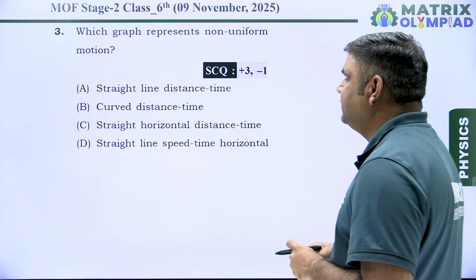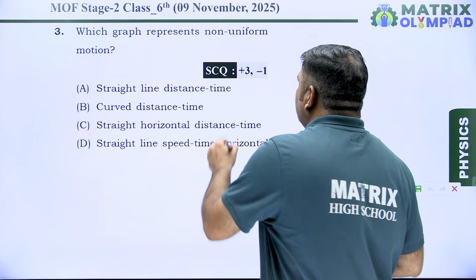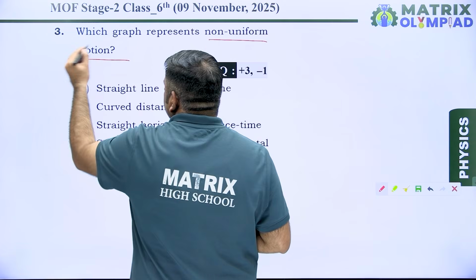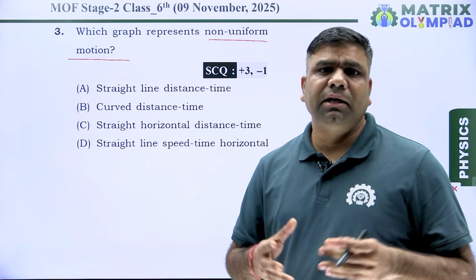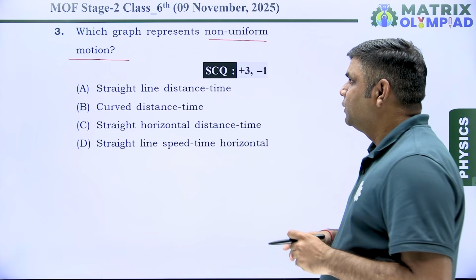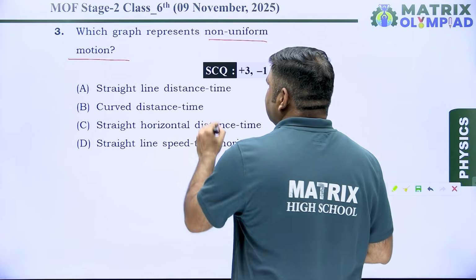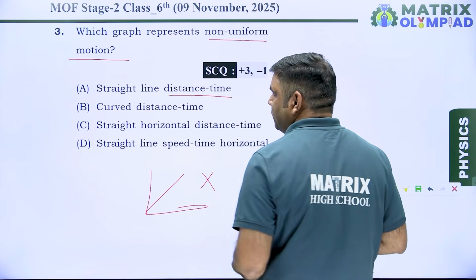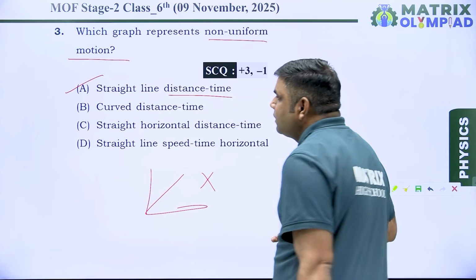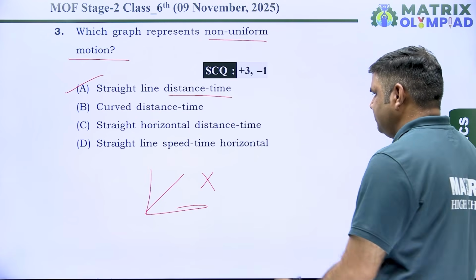In question number 3, which graph represents non-uniform motion? So what is the definition of non-uniform motion? Unequal distance traveled in equal intervals of time. So option first is a straight line distance-time graph. No. Curved distance-time graph.